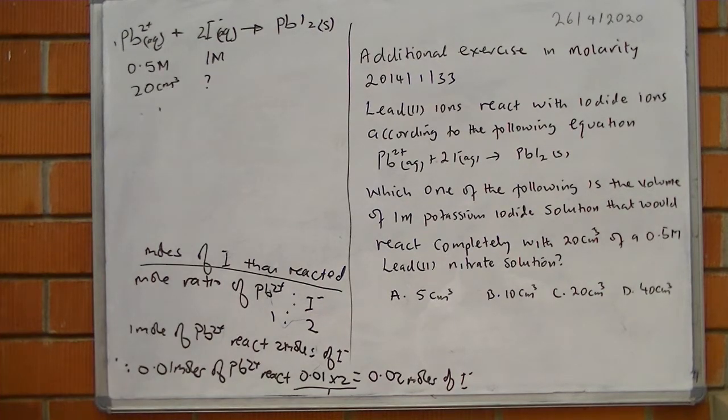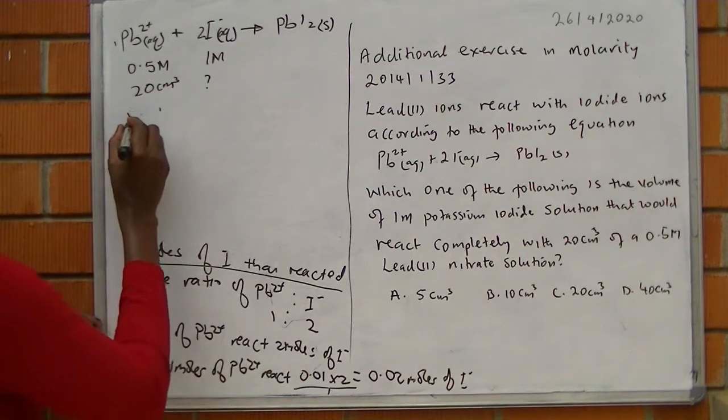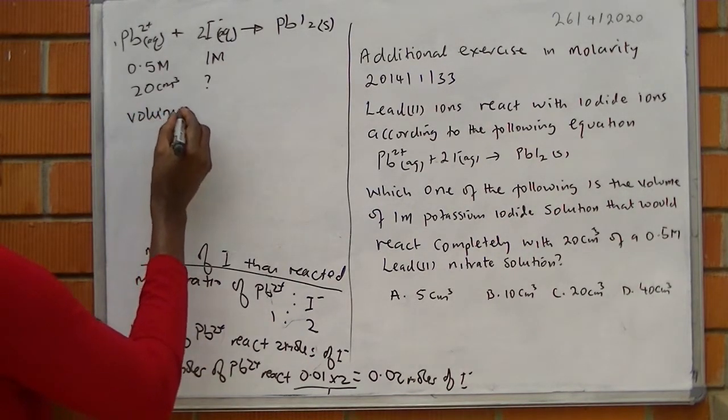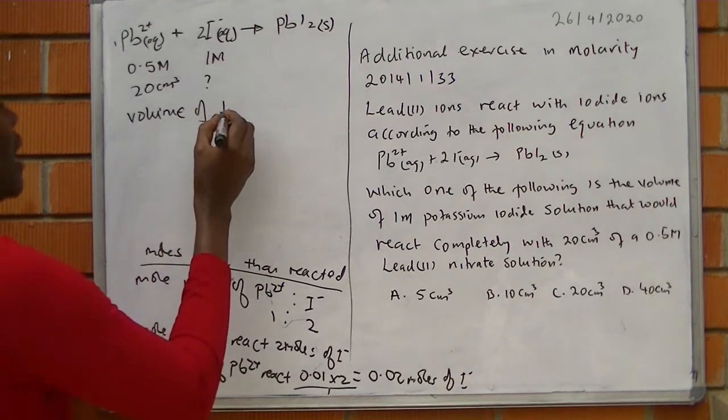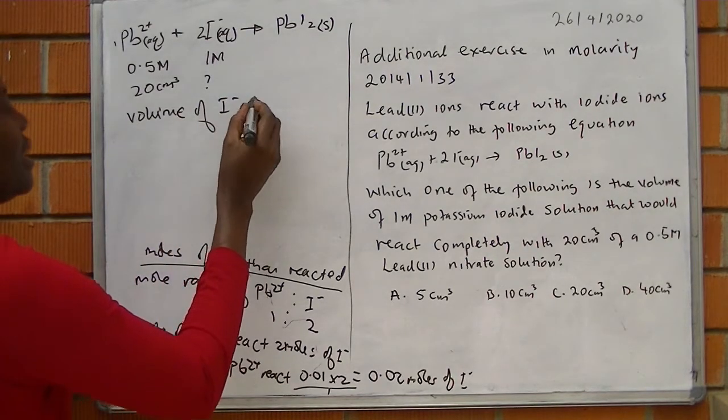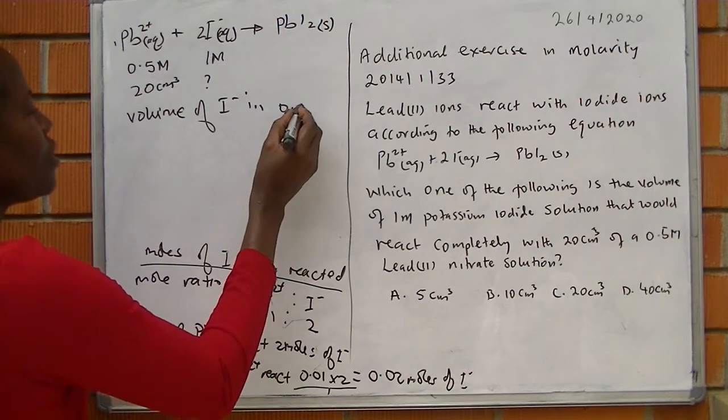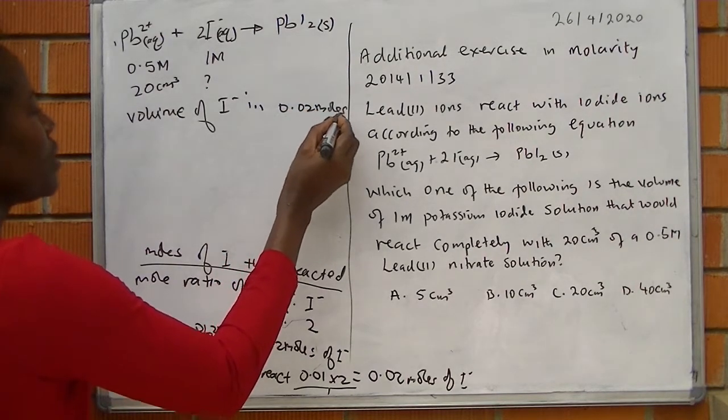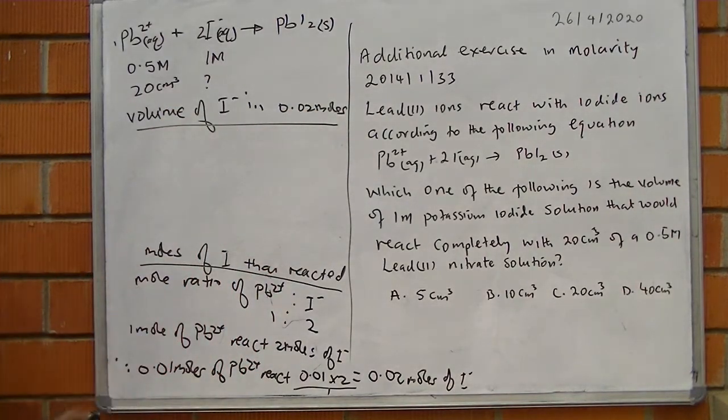Now let's go and look for the volume that is contained in these moles. Volume of the iodide ions in 0.02 moles. Good enough, we are given molarity.